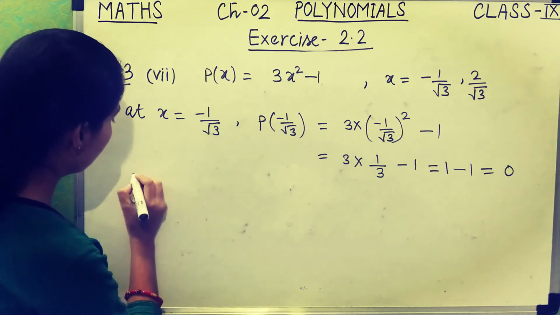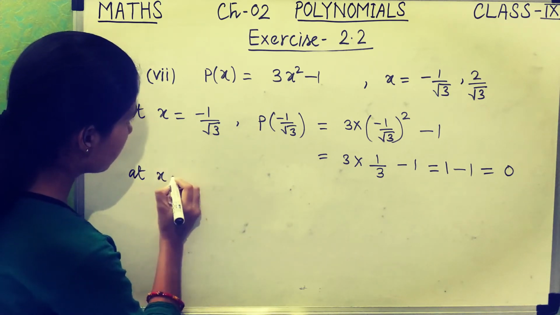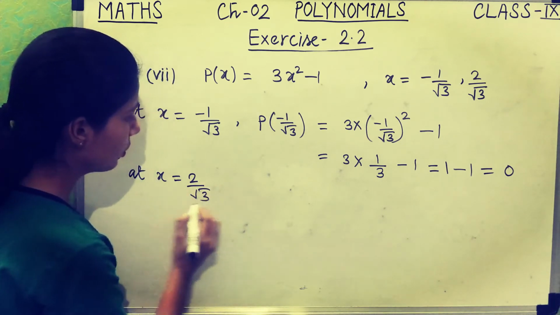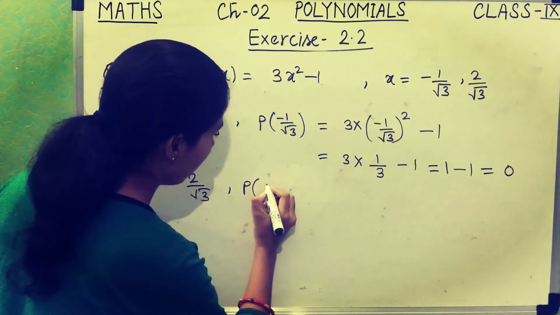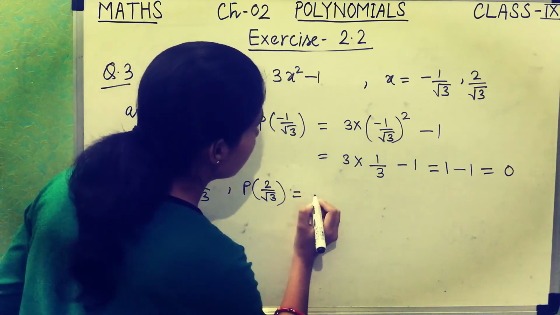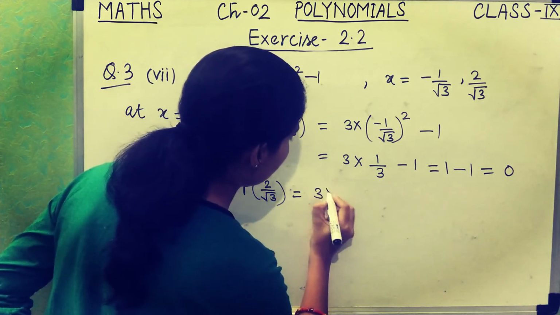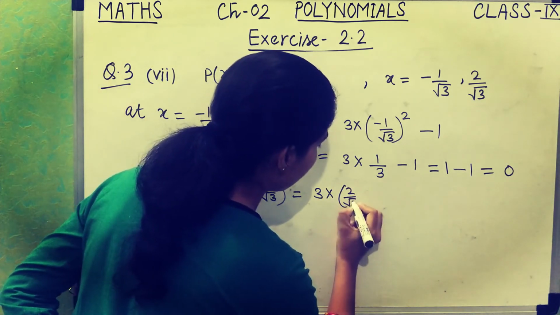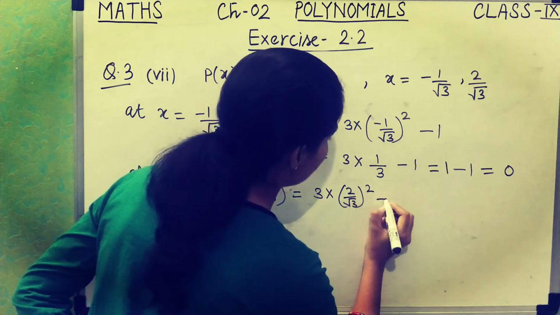Now check at x equals to 2 upon root 3. The value of the polynomial at 2 upon root 3 is equal to 3 into x square, means the square of 2 upon root 3, minus 1.